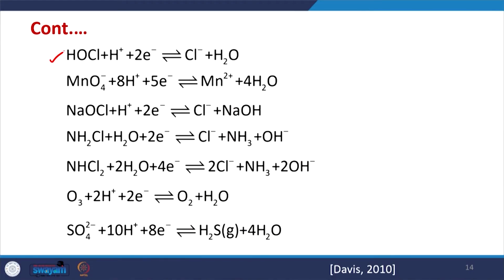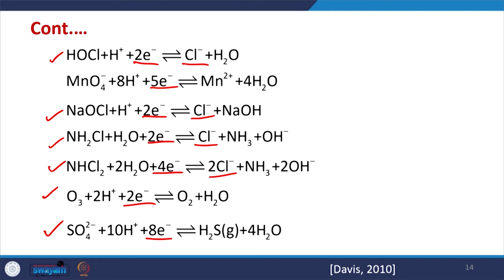HOCl, NH2Cl, NHCl2, SO4 2 minus, O3. We can see here that in each reaction the electrons are combining with the respective species in the presence of H plus or H2O, and we are trying to get them converted into the respective chloride species for all the chlorinated compounds.